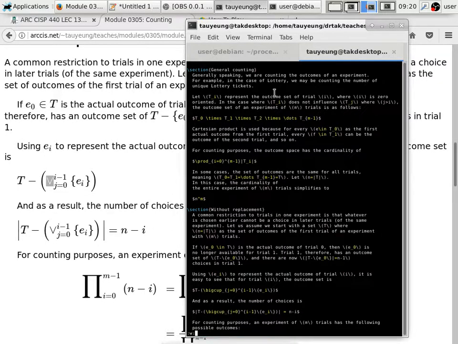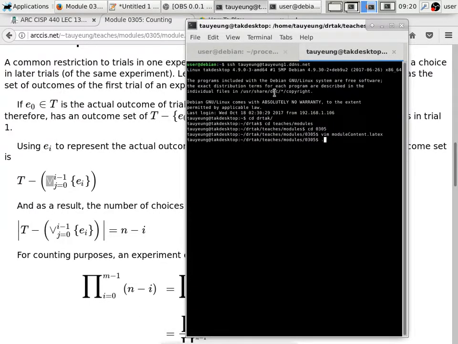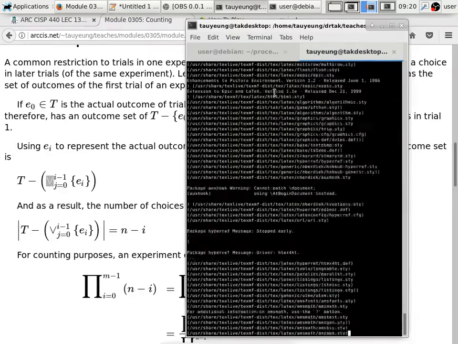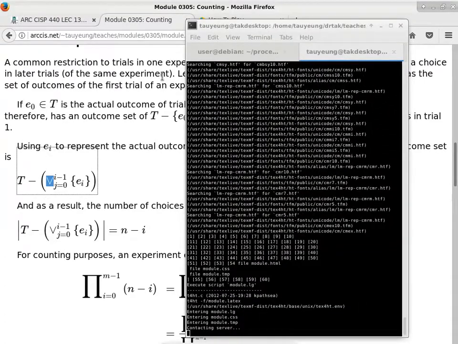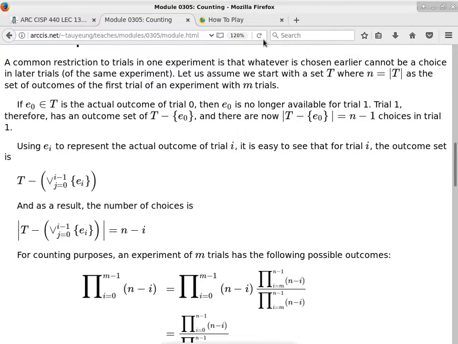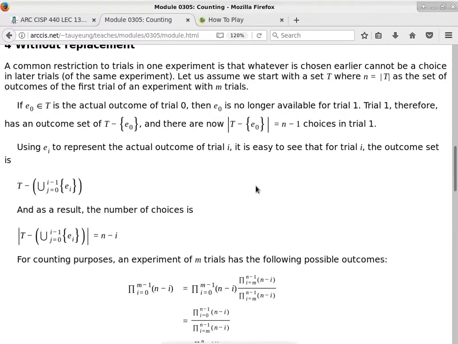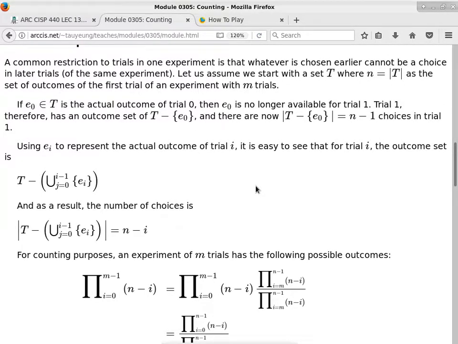Those are the only 2. We publish, and now it should be fixed. There we go. Very good.